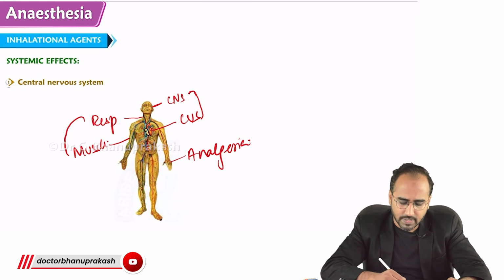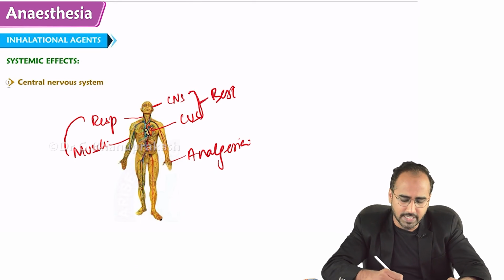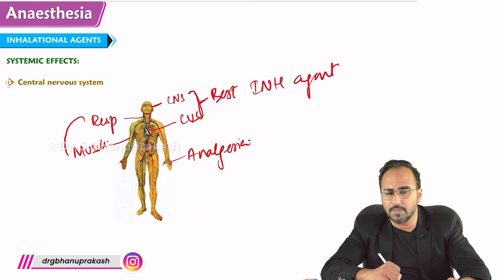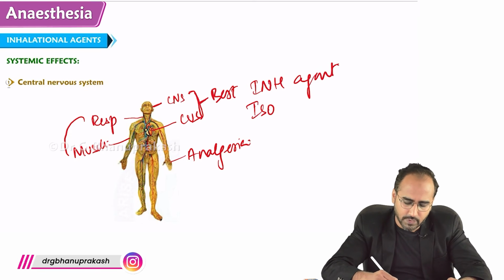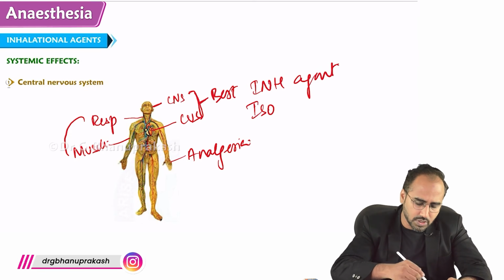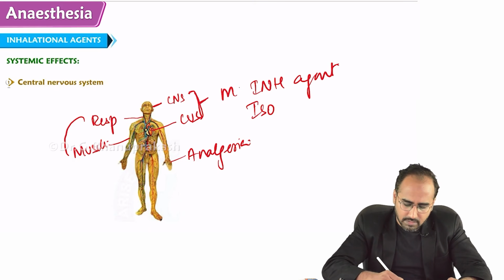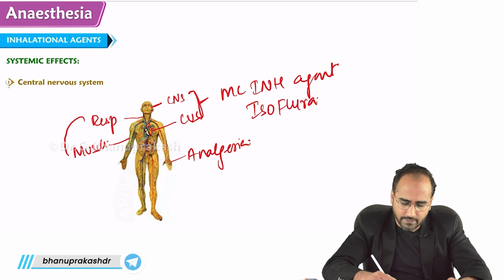For CNS and CVS problems, the best inhalational agent used is Isoflurane. Best, the most common basically. For CNS and CVS problems, the most commonly used inhalational agent is Isoflurane.